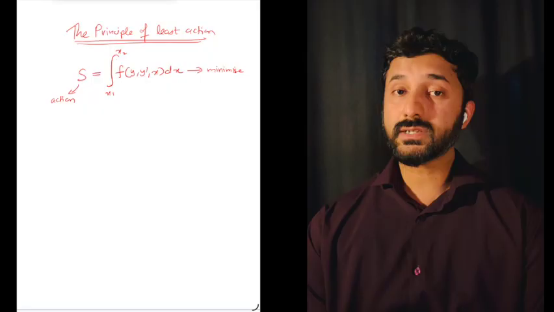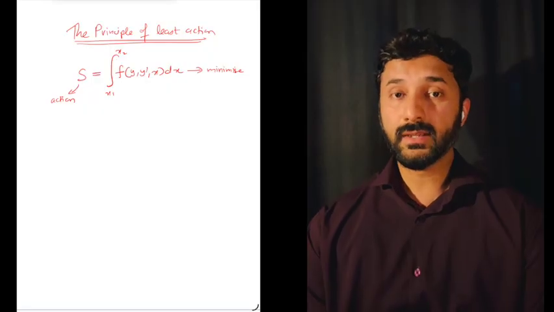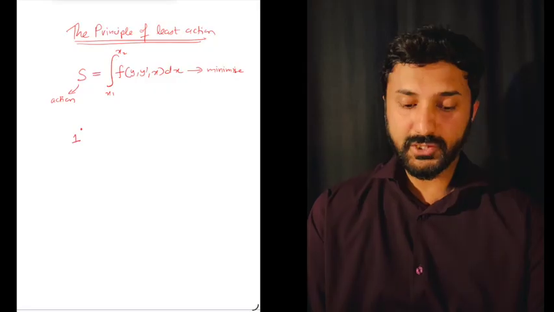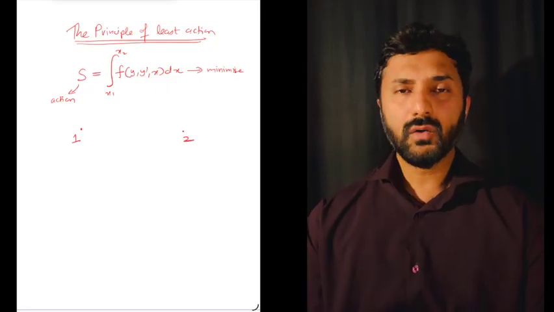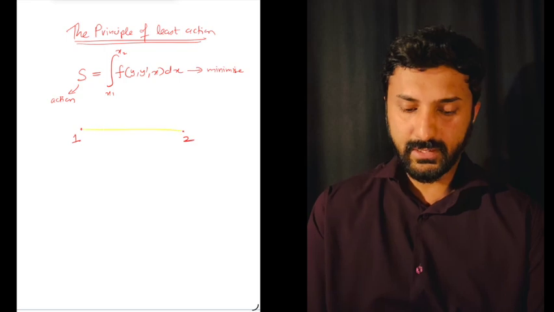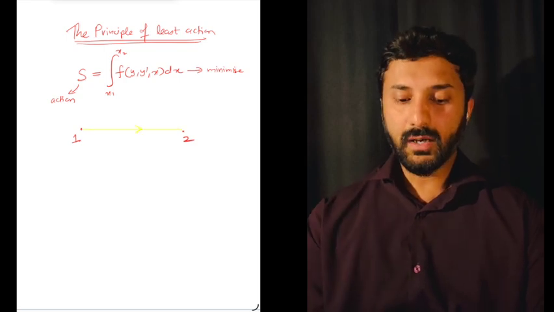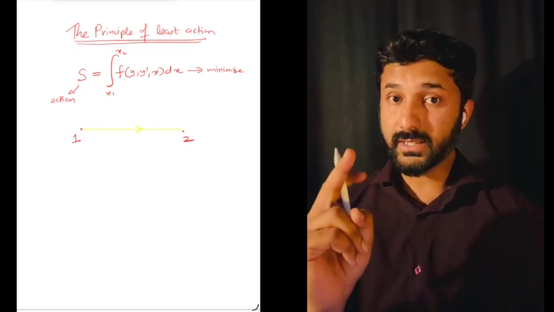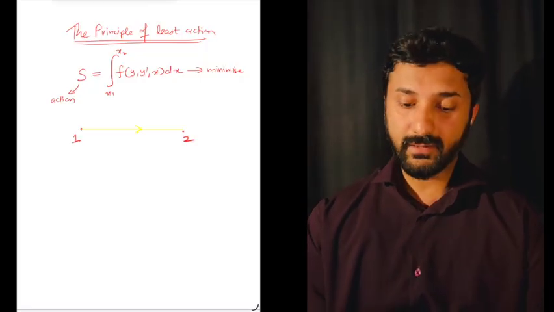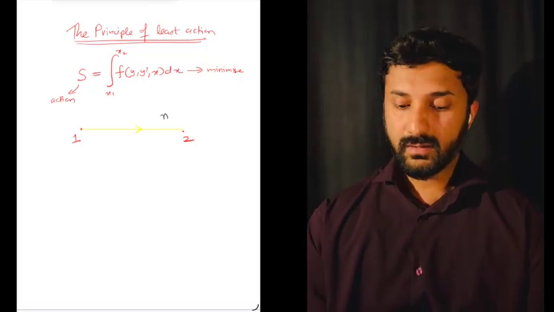And here we're interested in particularly light. So when you consider light going from one point to another, from point 1 to point 2, we know that light is going to take a straight line path from 1 to 2, but that is only under certain conditions, particularly when the refractive index n is a constant.